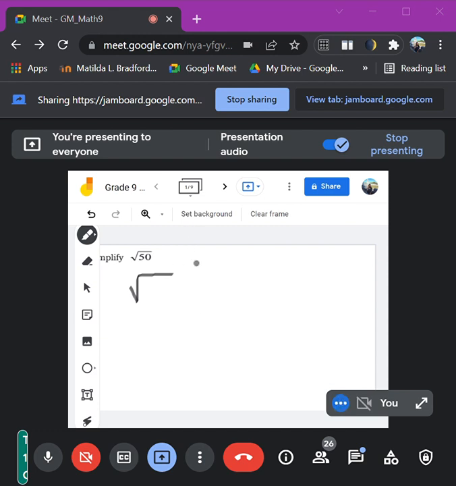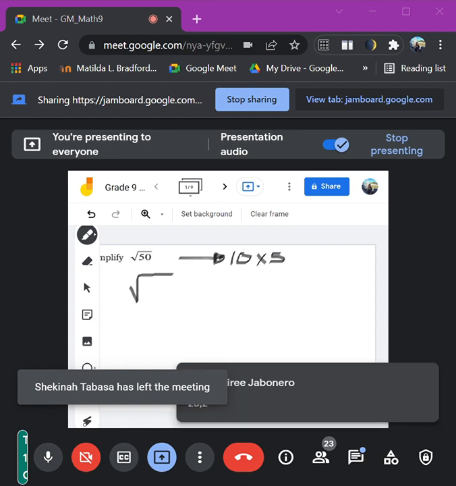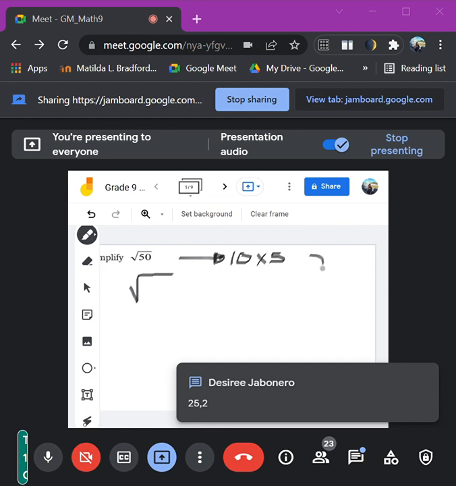Let's try to think. What are the factors of 50? We can have 10 times 5, right? 10 times 5. What other factors, class? We have 25 times 2. Yes, it could be. So, 25 times 2.